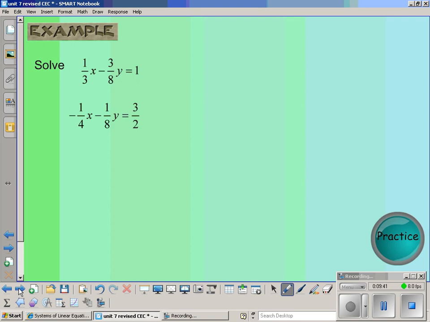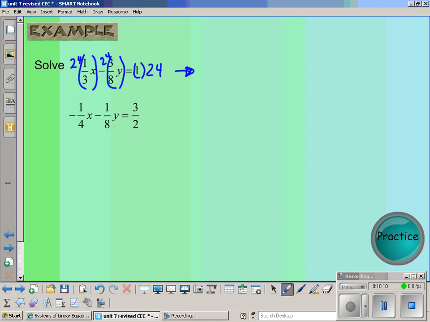Think back to when we were solving equations and how you eliminate fractions? Hopefully you remember that you multiply every term by the lowest common multiple, or the common denominator. So in this case, we can multiply every term by 24. And it's important that you multiply every term by 24.